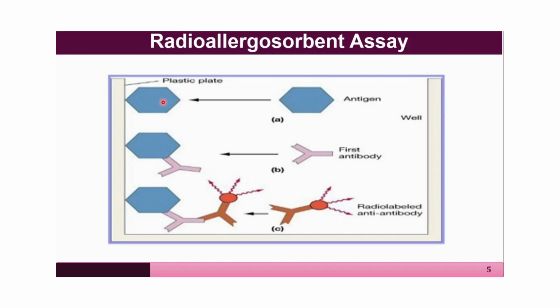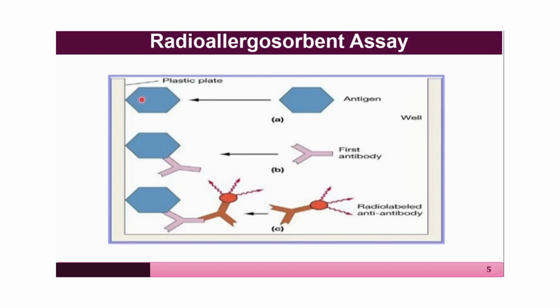After adding each individual antigen to a particular well of the microtiter plate, incubate the plate for some time so as to facilitate the allergic antigen to bind to the wall of the well.